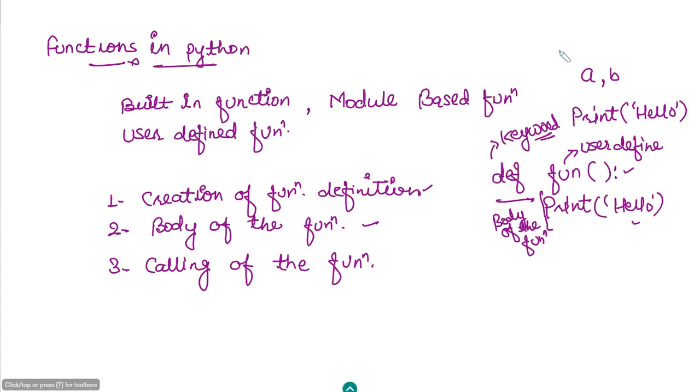So you have to call this function to print this statement, because calling is very important in these steps. So the last step is the calling of the function by its name.